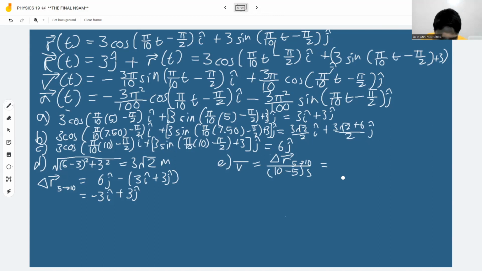Tapos ang maglagay ka ng symbol is V vector, tapos sa triangular brackets.